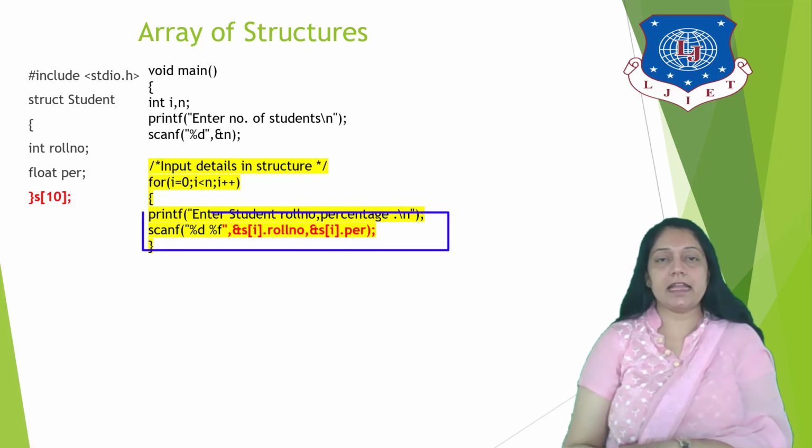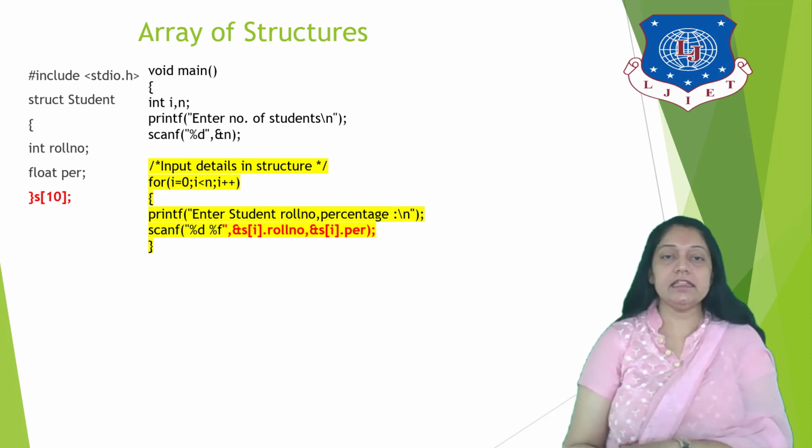You can see here in scanf, S should not be simple. S is an array. My structure variable is an array. So you have to use array notation S, and inside square brackets give the index i. The value of i would be 0, 1, 2, 3, 4 up to n. So S of i is my structure variable, and using the structure variable we access the structure member using the dot operator: ampersand S of i dot roll number. Similarly, ampersand S of i dot percentage.